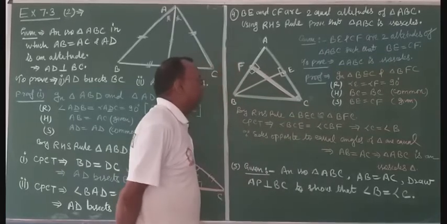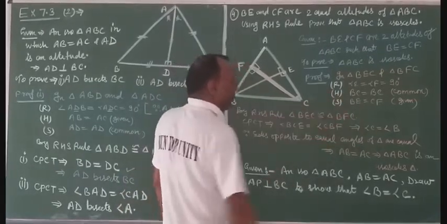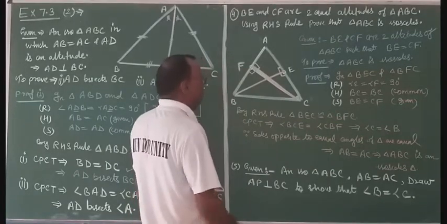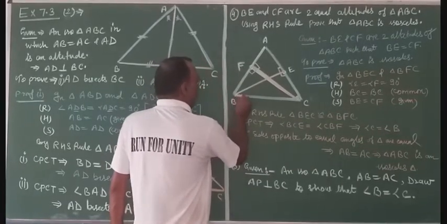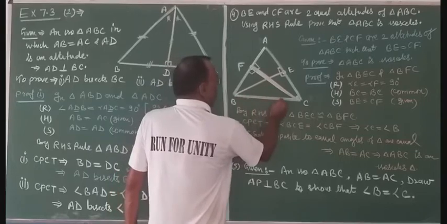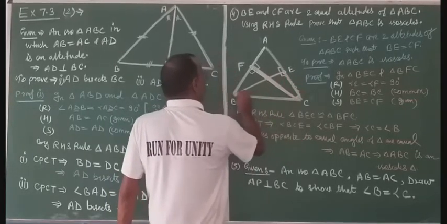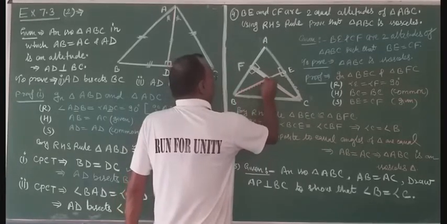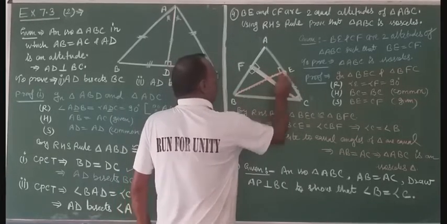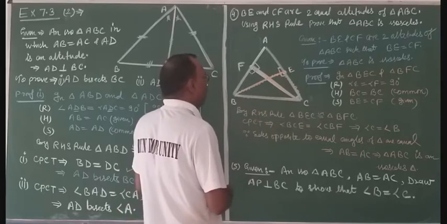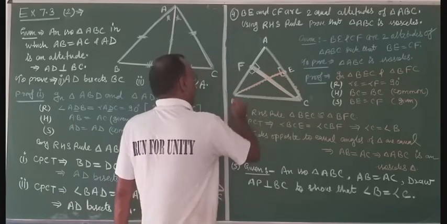Now just check. Proof. Look at the proof. In triangle BEC, just look. This is BEC. This is the triangle, yes or no? This triangle BEC you are watching here, and another is BFC. Where is BFC? This one.